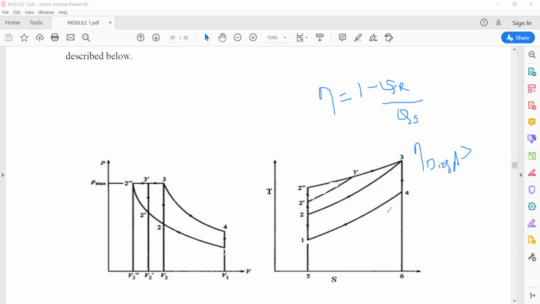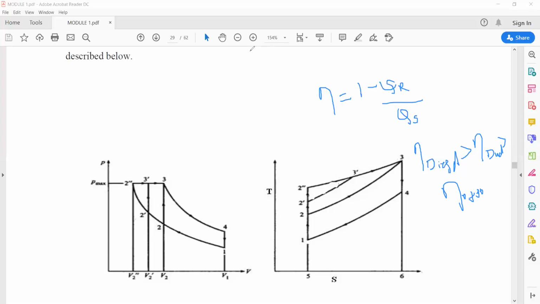The area under the TS diagram gives you the heat supplied to the Otto cycle, so that is the minimum. So with this also we can say that the efficiency of the diesel cycle is more than the efficiency of the dual cycle, which is more than the efficiency of the Otto cycle. Is that clear, all of you?